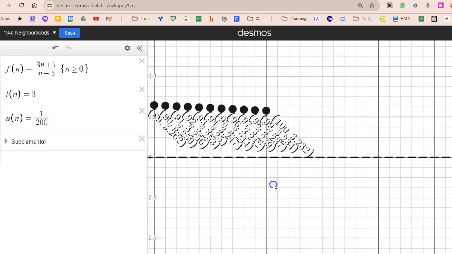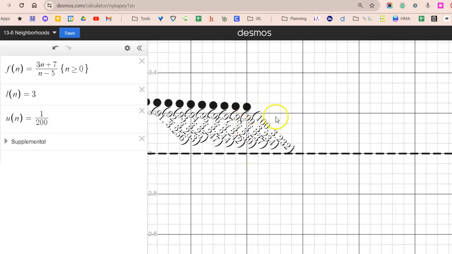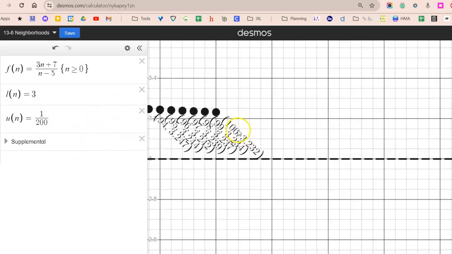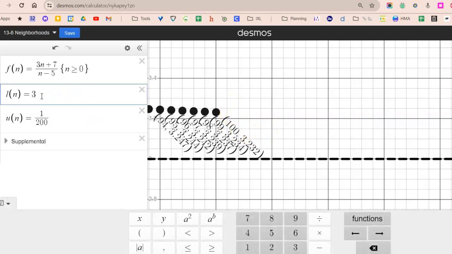So the question tomorrow is, if I want to have a very small neighborhood, what's the right size n? I could keep on doing this, but the n might be in the tens of thousands. That's the question for tomorrow: if I want to be within, let's say, 0.001 of 3, above or below, what value of n do I have to get there?